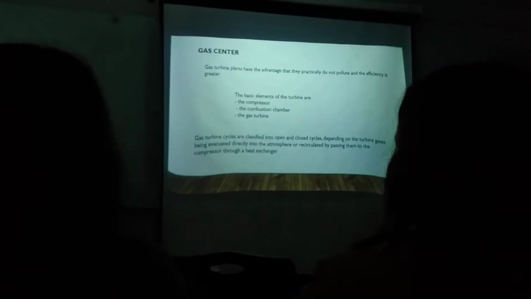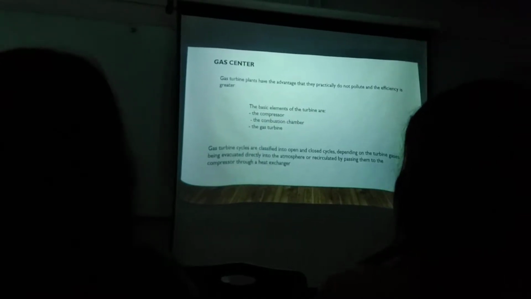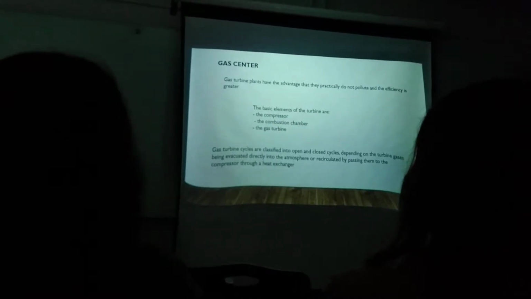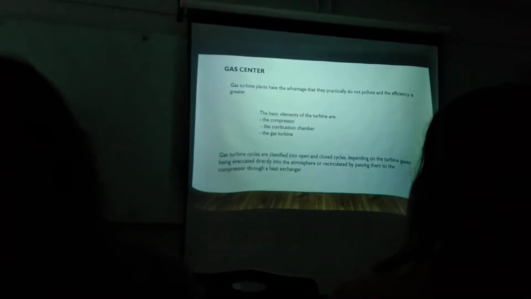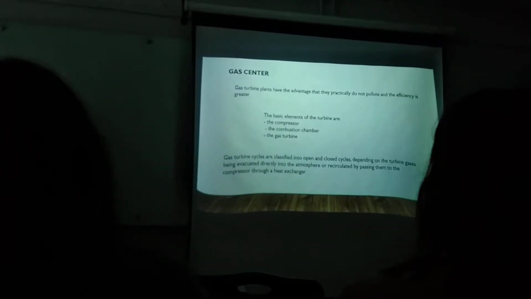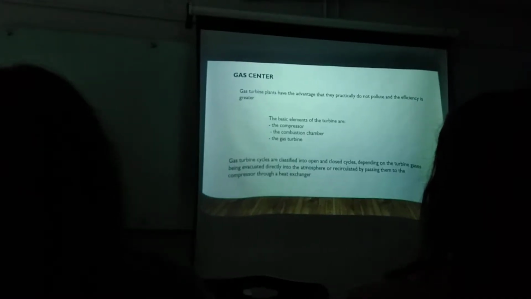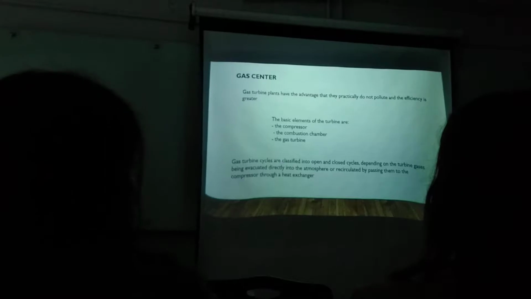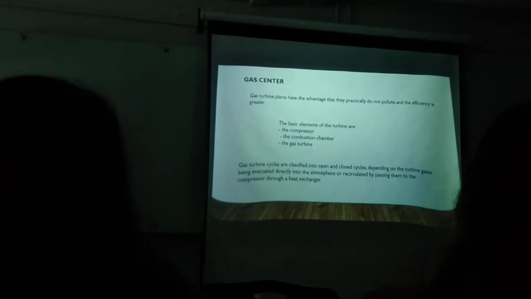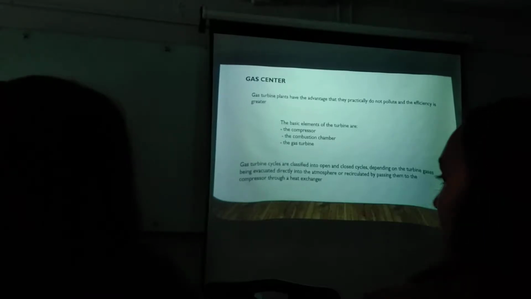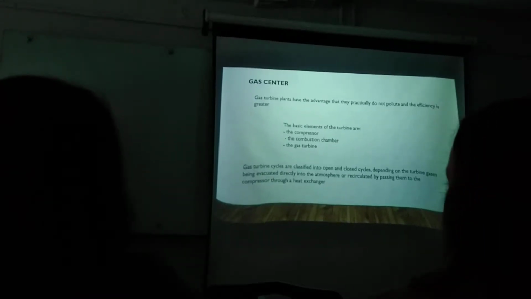The basic elements of a gas turbine are the compressor, the combustion chamber, and the gas turbine. Gas turbine cycles are classified as closed and open cycles, depending on whether the turbine gases are released directly into the atmosphere or recirculated through the compressor by passing them through heat exchangers.